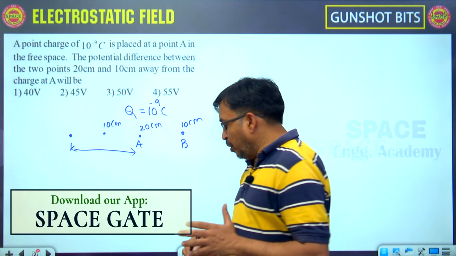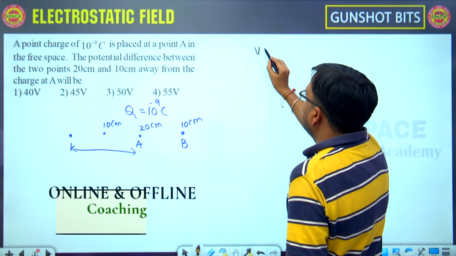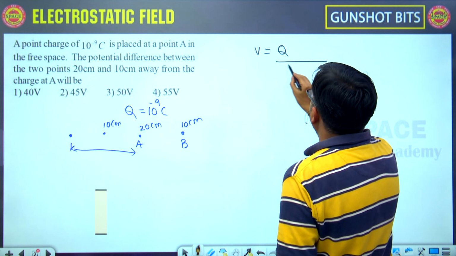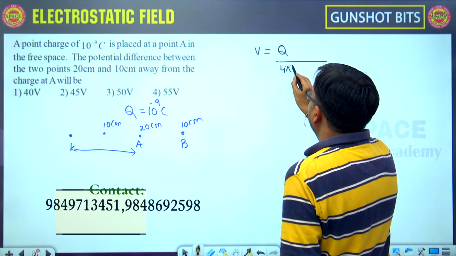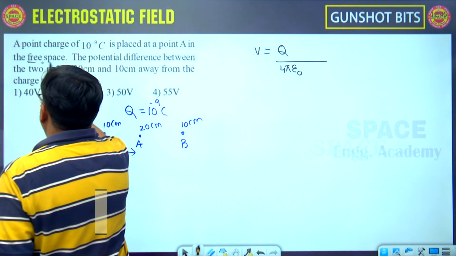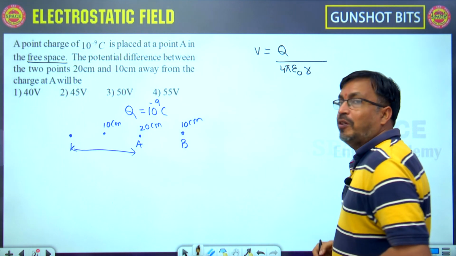See here, we know the potential formula due to a point charge, that is V equals Q by 4 pi epsilon naught R. I am writing epsilon naught because the medium is mentioned as free space. So V equals Q by 4 pi epsilon naught R volts.